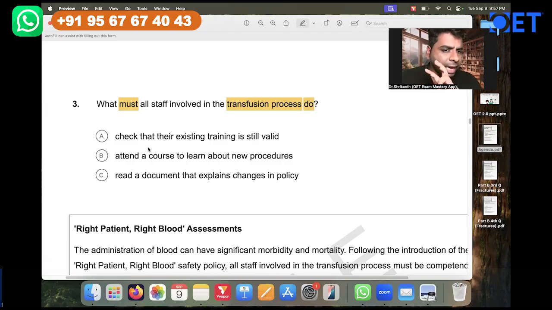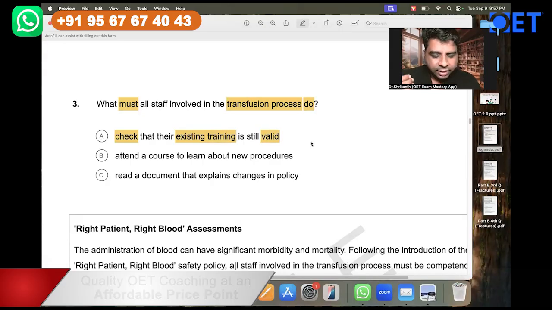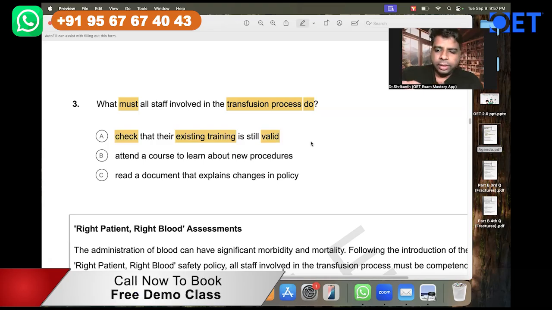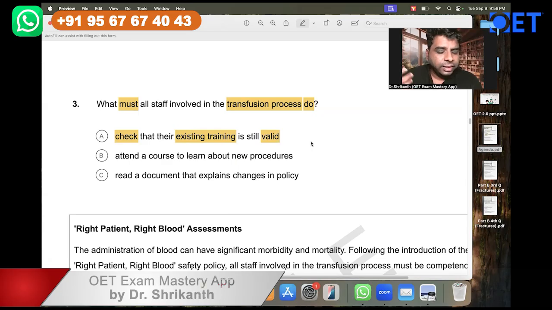Right. So what is answer option A? They must check that their existing training is still valid. That is, their existing training has not expired. For example, everything has an expiry date, right? Every year we have to renew our medical license. Our driving license, our medical license, our training license and all, they need to be renewed.